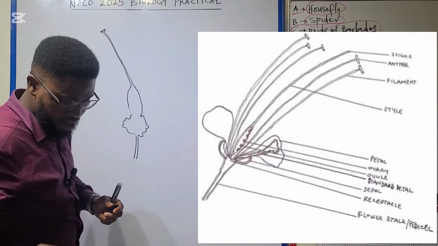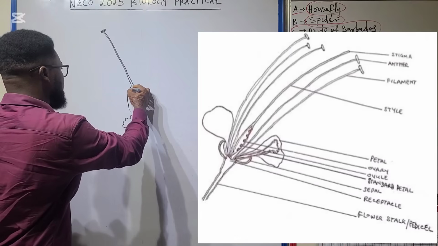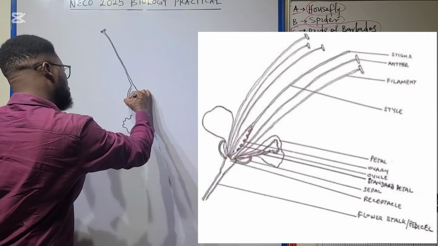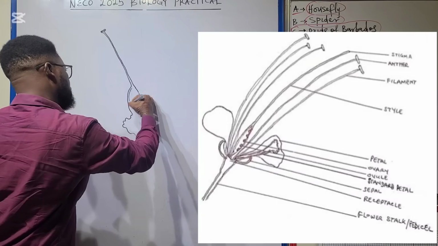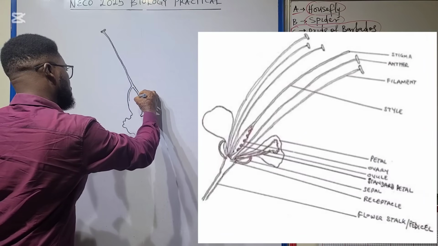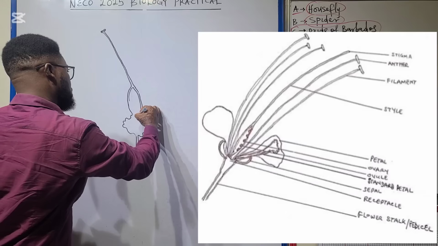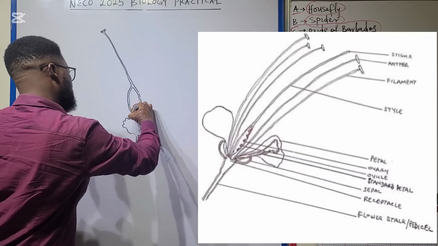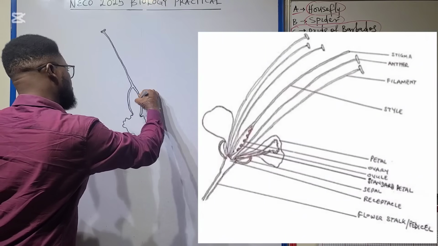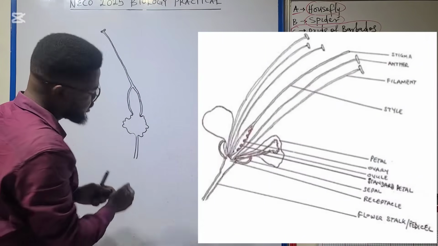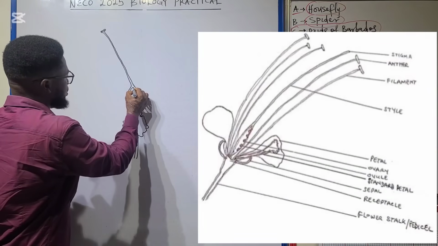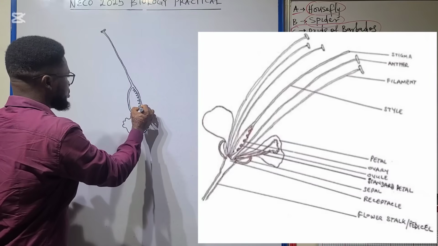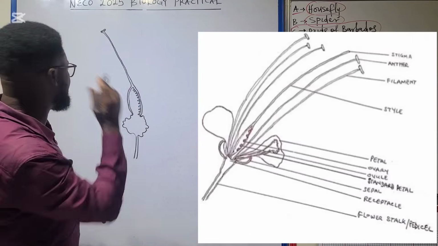So inside the ovary, we can now begin to trace this part to draw. Once we are done with this on the side, we then begin to arrange the ovule marginal arrangement.